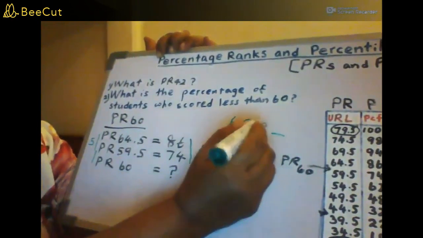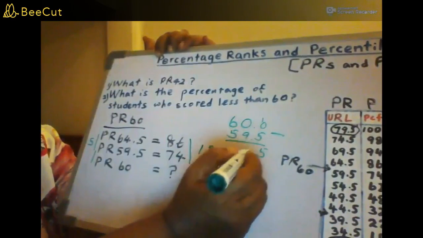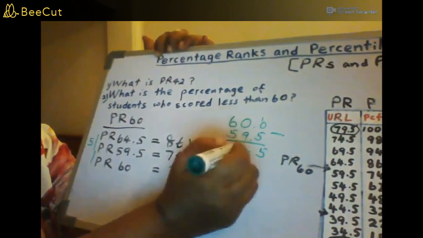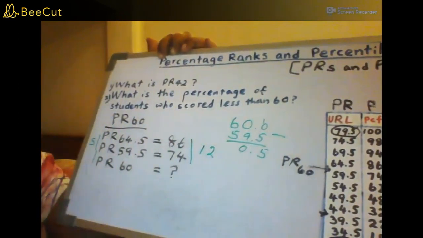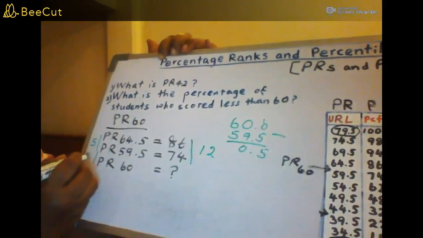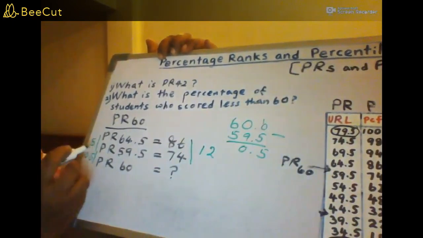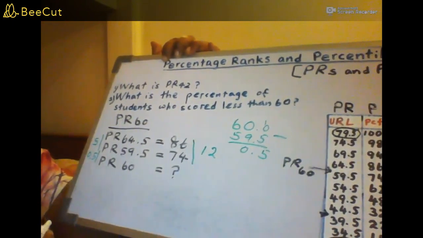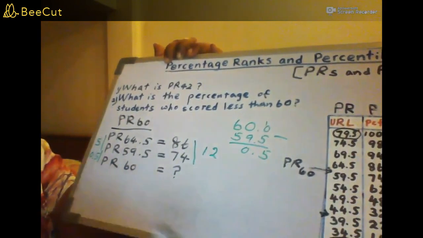It is 0.5. You will have to do these simplifications very clearly, correctly also. Right. Now you got the differences.